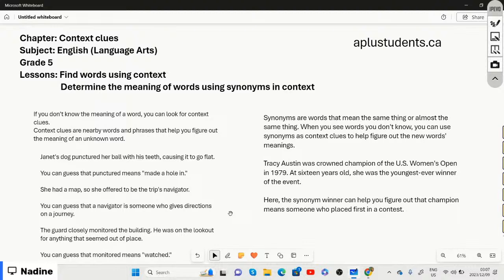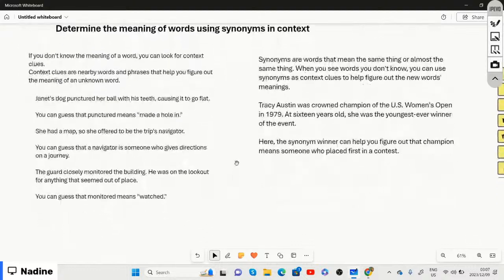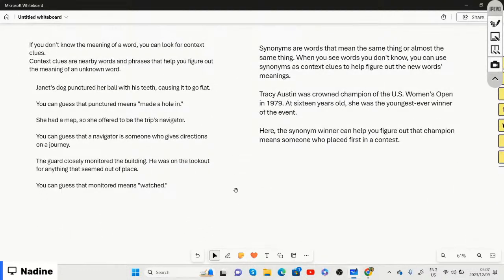And if we look at a few examples under context clues: Janet's dog punctured her ball with his teeth, causing it to go flat.